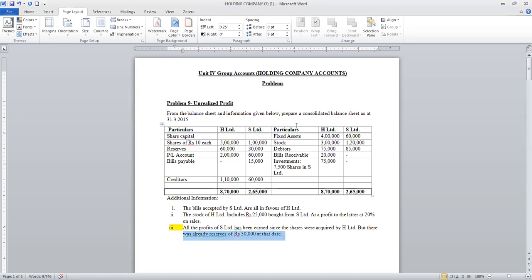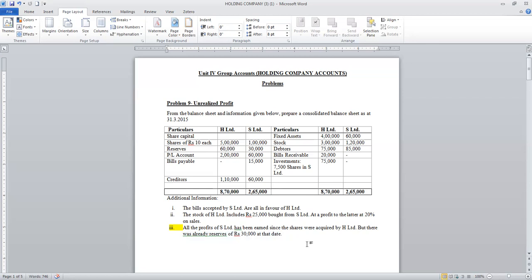Capital profit arises when a company acquires a majority of the shares of another company, that is, above 50% of its shares. The acquiring company becomes the holding company, and the other becomes its subsidiary company.